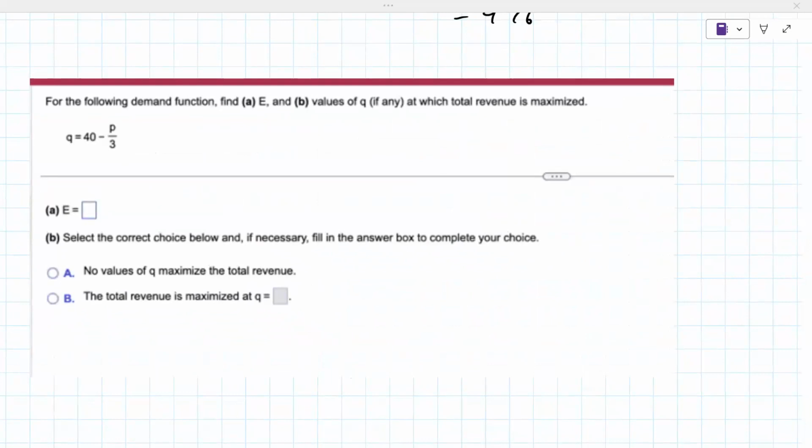Oh, this is not what I wanted. So sometimes I send a reference sheet for this, but you don't get that on your test. So the elasticity formula is dq/dp, which means to take a derivative of this with respect to p, then you multiply by p over q.